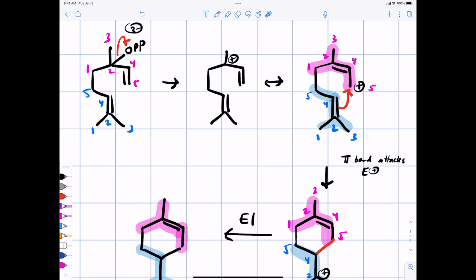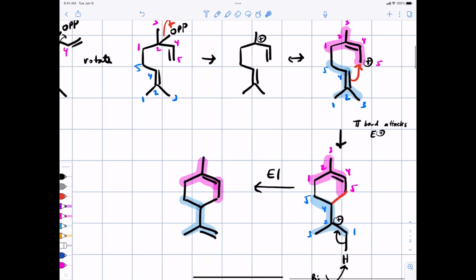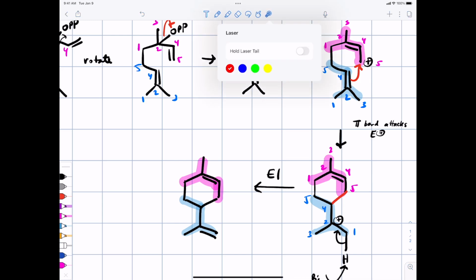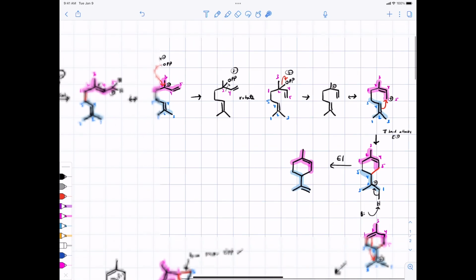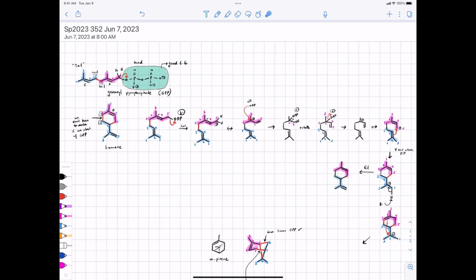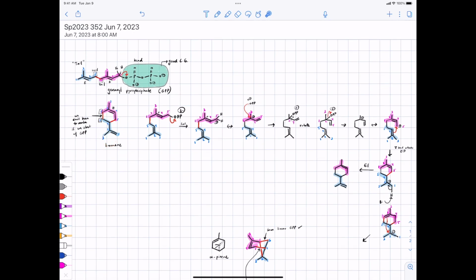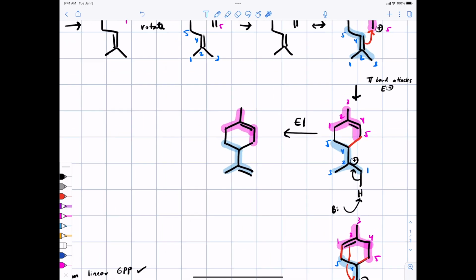And the regioselectivity there is governed by what you learned in 351, the Markovnikov rule. That is, you're going to make the bond between the electrophile and the less substituted carbon so that the more substituted carbon, blue 2, can have the positive charge. All right? And then we saw that it's just a simple E1 elimination to get to limonene, where you remove a proton that's beta to that positive charge.